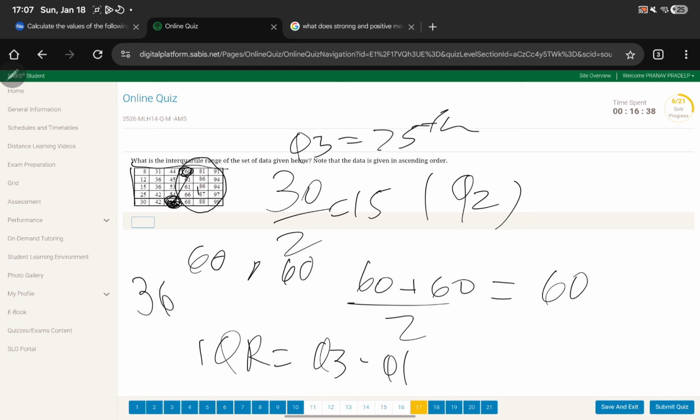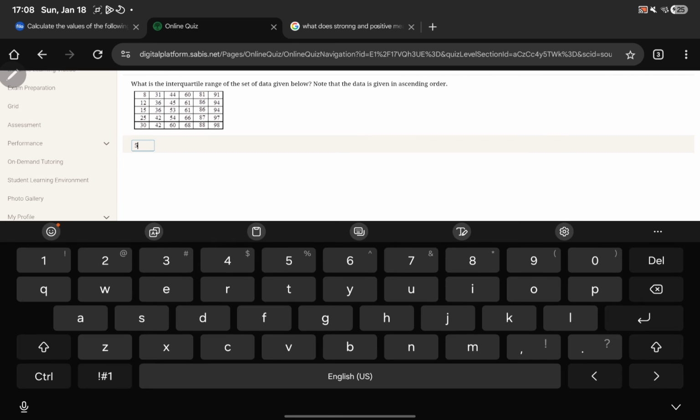So the half of this is going to be 15. Yeah, the 8th value after 60. 1, 2, 3, 4, 5, 6, 7, 8. The 8th value on this side is 86. So Q3 is 86. You subtract 86 minus 36 and you get 50. That's the interquartile range.